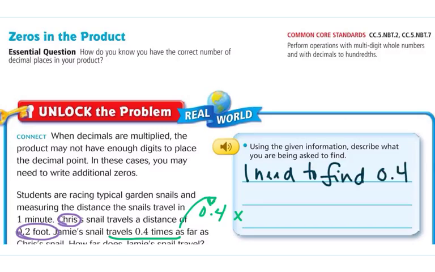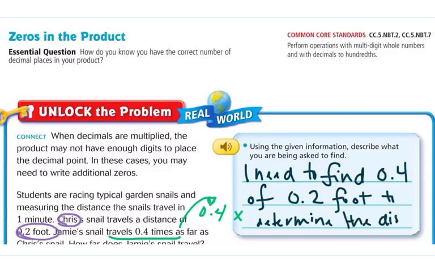I need to find 4/10 of 2/10 foot to determine the distance Jamie's snail travels.